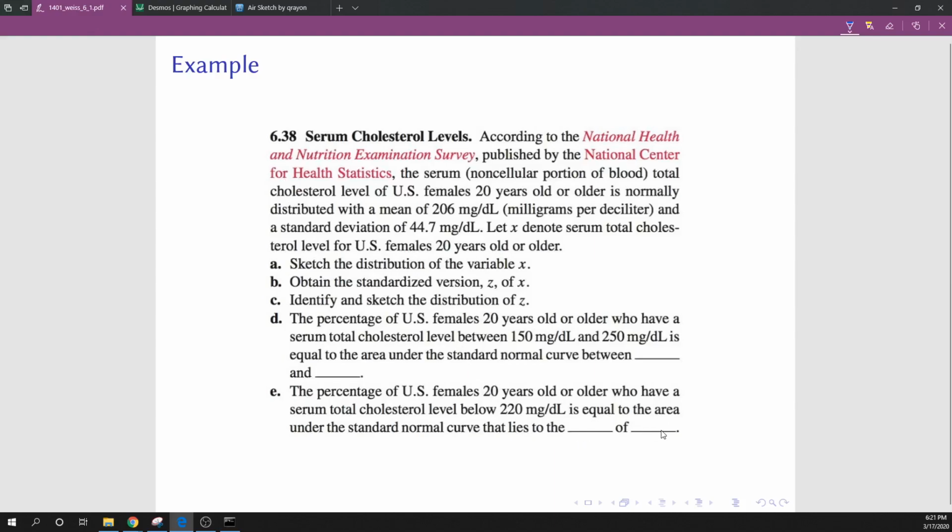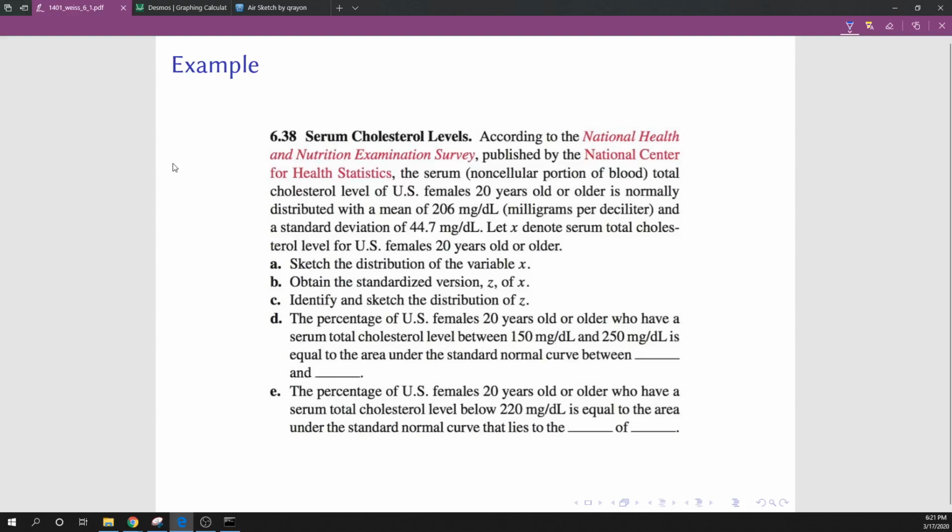I shouldn't have erased everything, because we'll still need this z-score. For this problem, the mean is 206 and the standard deviation is 44.7. What we want to do is find the z-score for 220, so that would get plugged in for x.